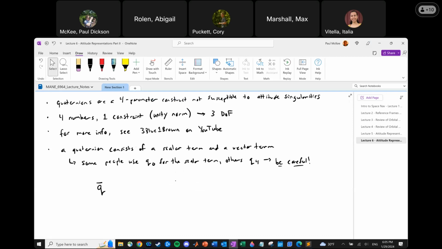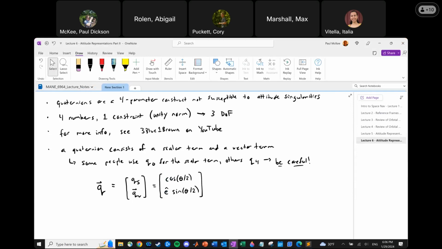Q, and it is a vector, consists of Q scalar and Q vector. And this is the same thing as cosine of theta over 2, and this is E hat sine of theta over 2, where E and theta are the familiar Euler axis and Euler angle from before.